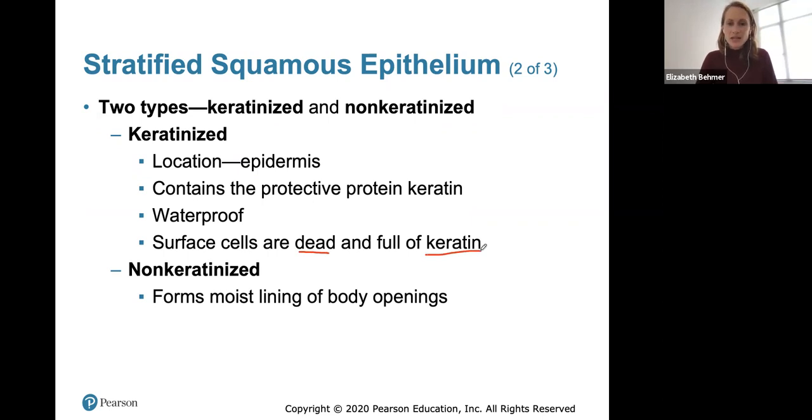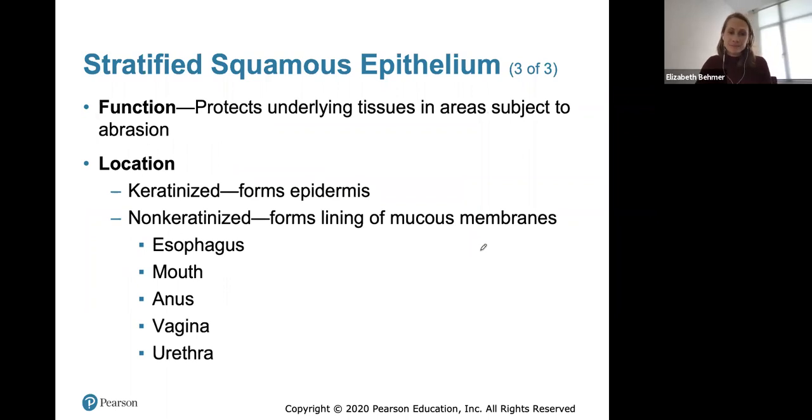And non-keratinized stratified squamous forms the moist lining of body openings or exits, and the cells at the apical surface will be alive. So we have stratified squamous, protects underlying tissue. In the keratinized version, it will be located in the epidermis or the skin, and the non-keratinized version forms the lining of mucous membranes in the locations listed below.